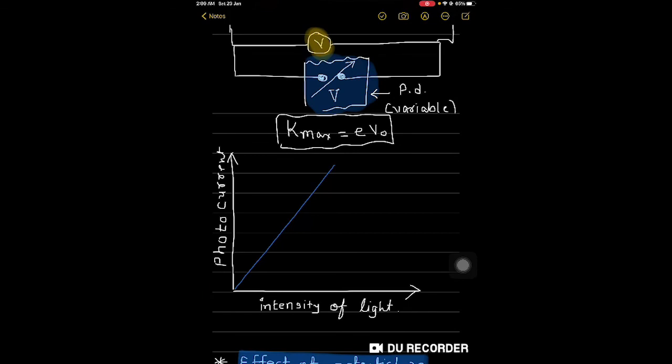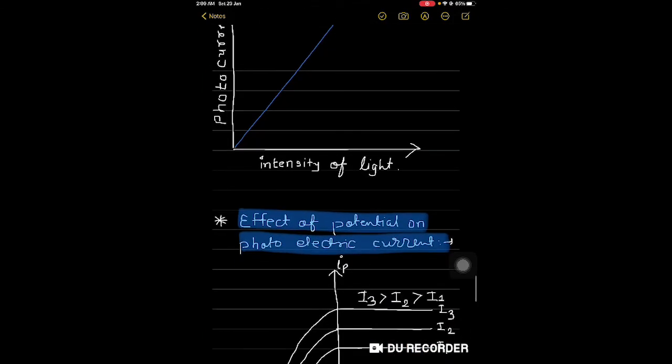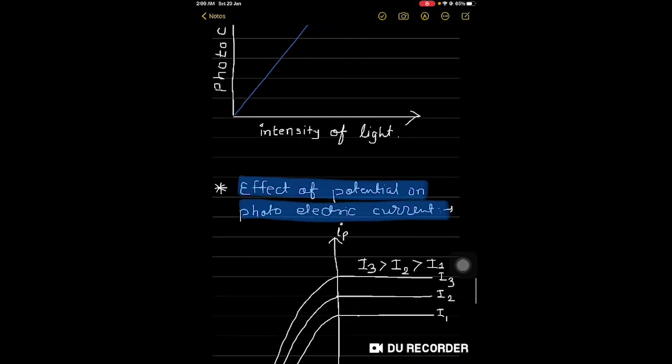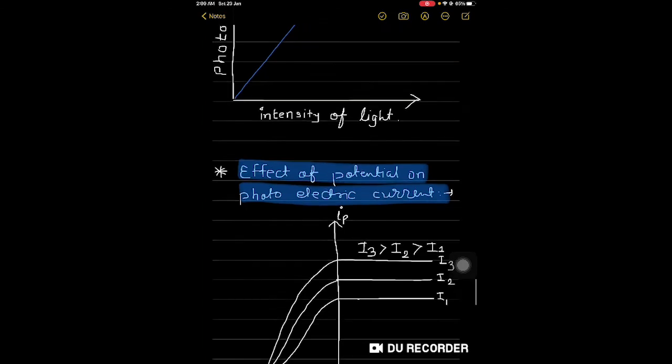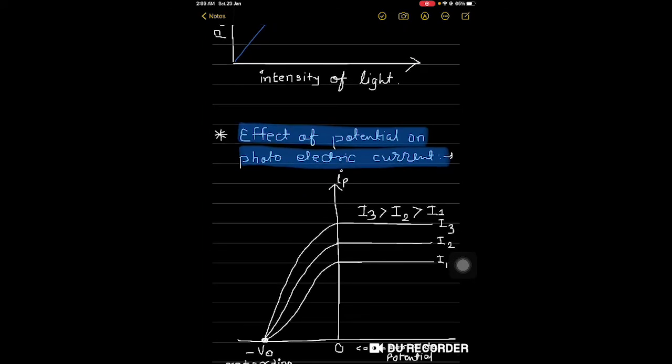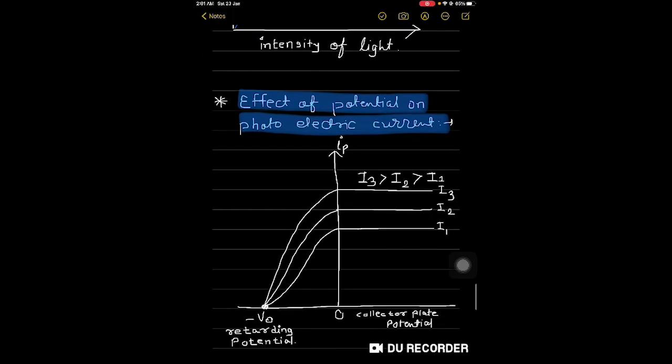Second, for a given photosensitive material and frequency of incident radiation, saturation current is found to be proportional to the intensity of incident radiation, whereas stopping potential is independent of its intensity. Here, that is explained from this figure.